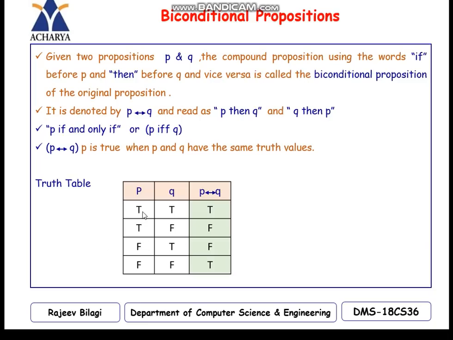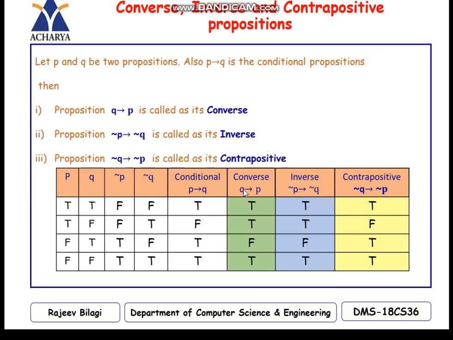If both are T, then it is T; if both are F, then it is also T. So the truth table will be P, Q: T, T it is T, F, F it is also T, and the other values will be F. So this is how you have to remember: the value will be true when both values are the same, whether it is T or F. Otherwise the biconditional proposition truth value will be F. So this is about the biconditional proposition.